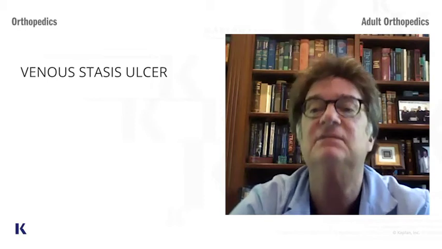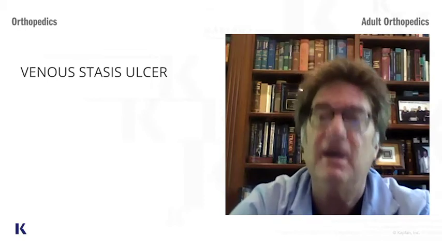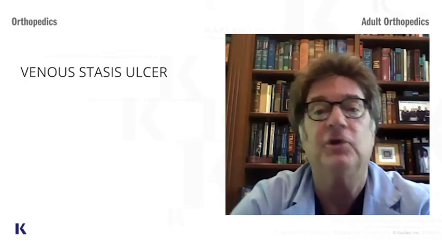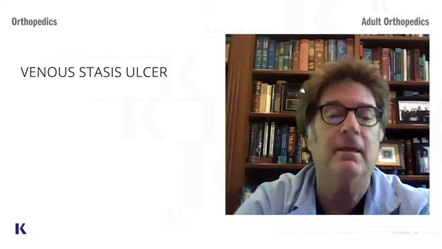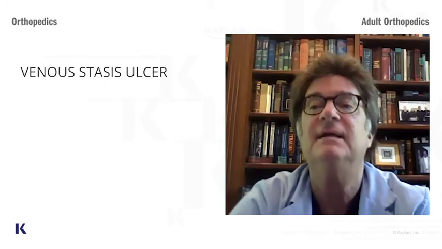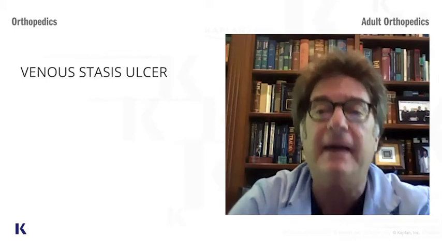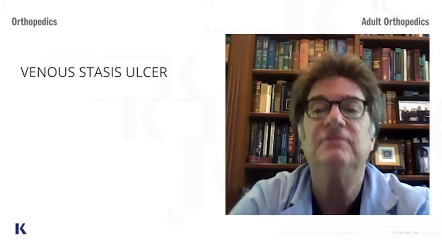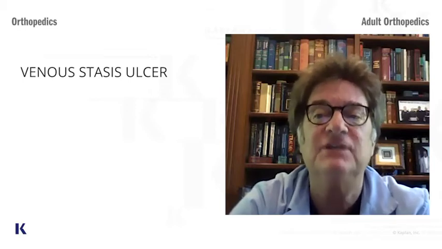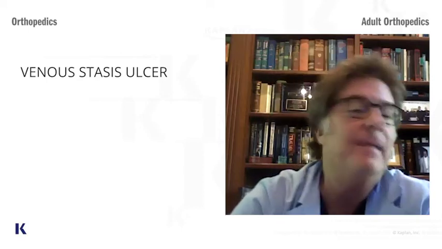The second type of foot ulcer is really, really common, and that is a venous stasis ulcer. And you're going to be asked on the test, what is the cause of a venous stasis ulcer? It is incompetent venous valves. You're going to say, oh, maybe it's varicose veins.